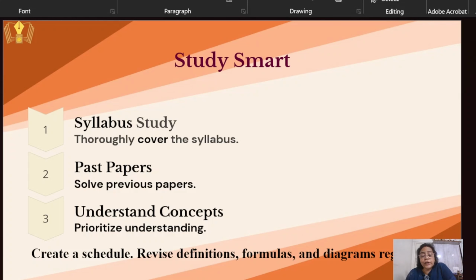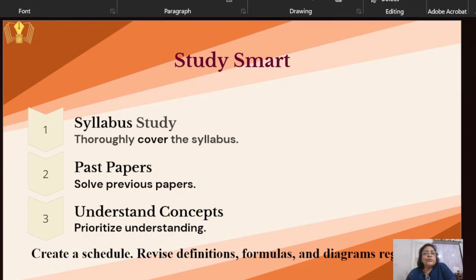Children, prioritize understanding, understand the concepts. If understanding of the concept is clear, I can assure you that you will find no problem to answer any of the questions.